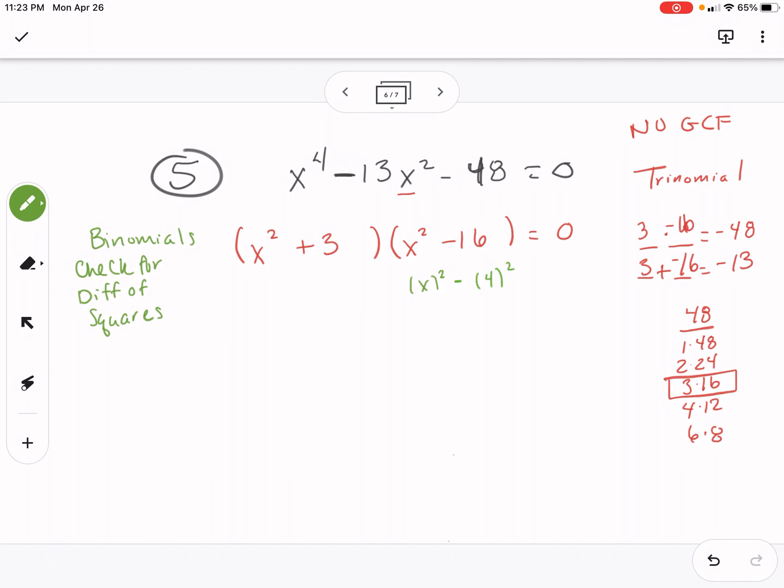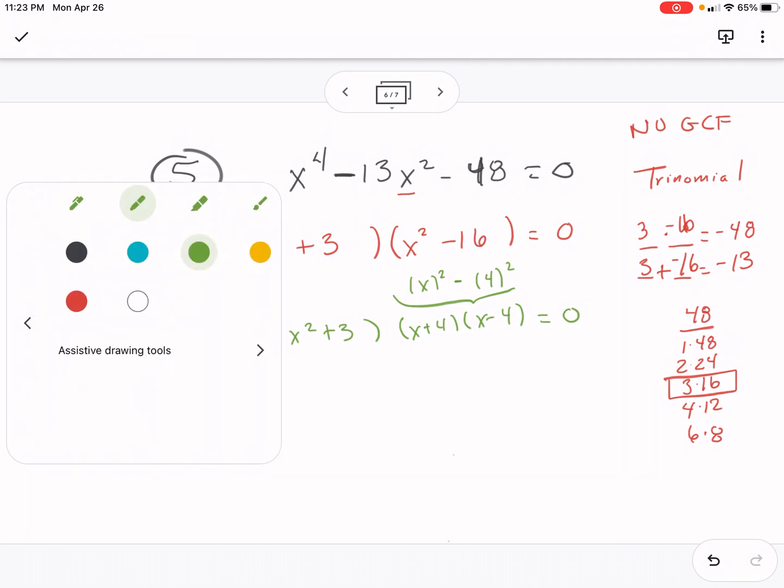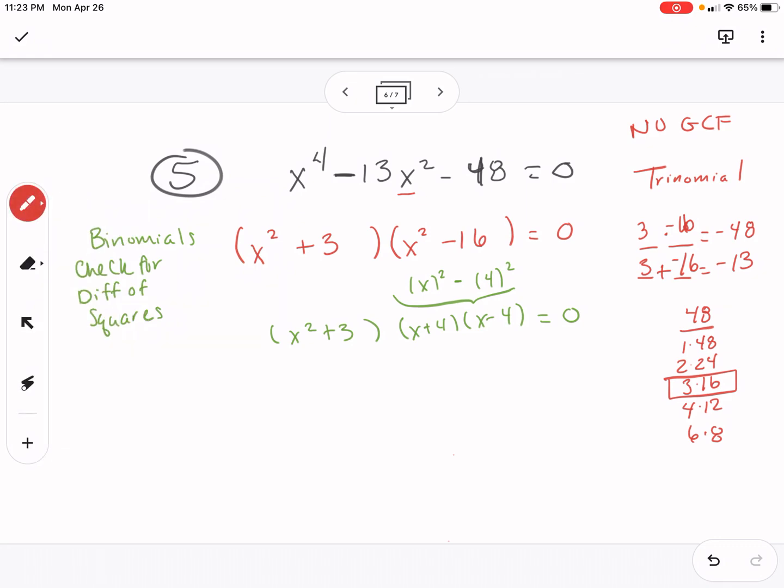So this one is a difference of squares. So I could rewrite it as x plus 4 and x minus 4. My first parentheses, I'm just going to bring that down. I couldn't factor that one further. So now that I have all my factors completely factored, I'm going to set each of those factors equal to 0 and solve.